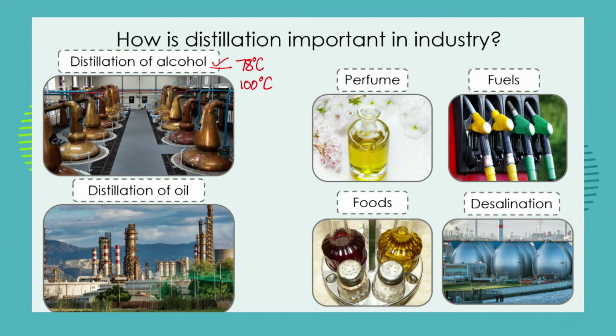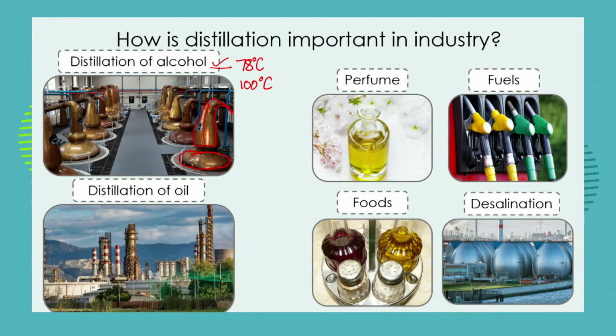So this is a photograph of a kind of condenser. Here's our original matter or our mixture, and this is a very sophisticated condenser. It's not a Liebig condenser, it's a copper condenser, but the principle of distillation is the same.